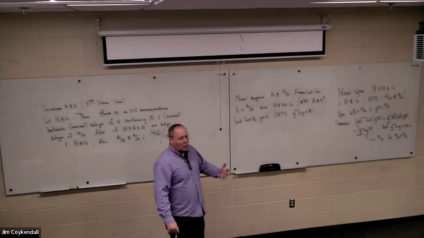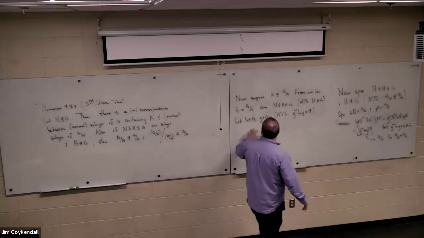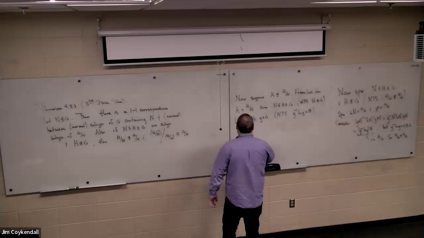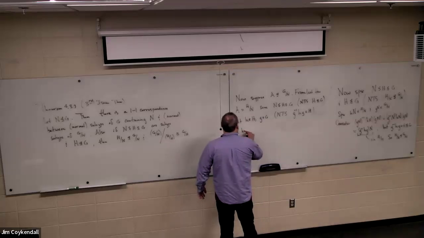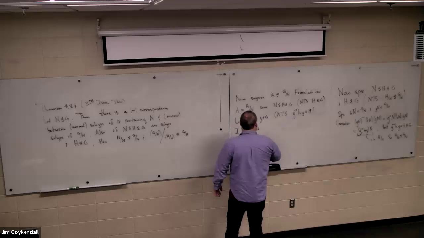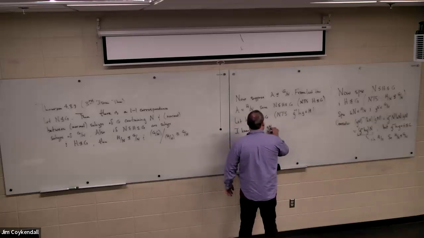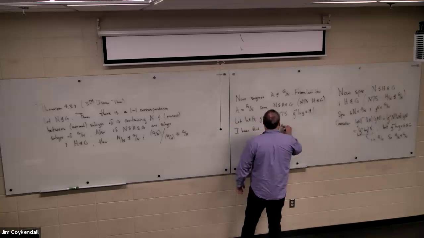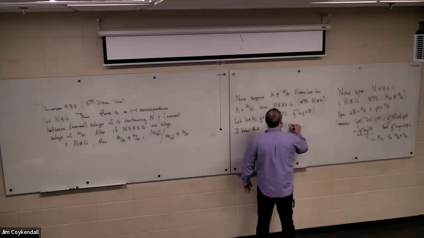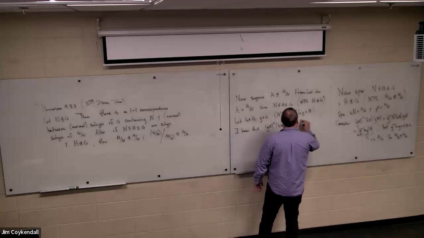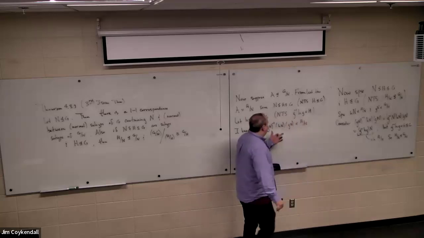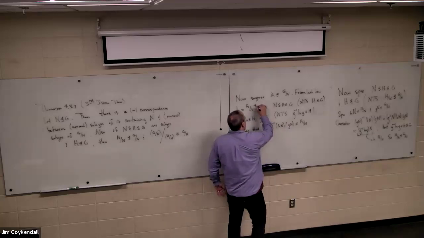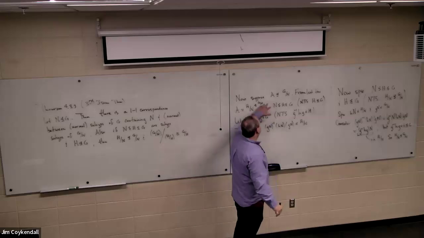And what tool do I have? Well, the tool I have is that this thing is normal in G mod N. So here's what I do know. I know that H mod N is normal in G mod N. I'll throw that in there to kind of tie it together.